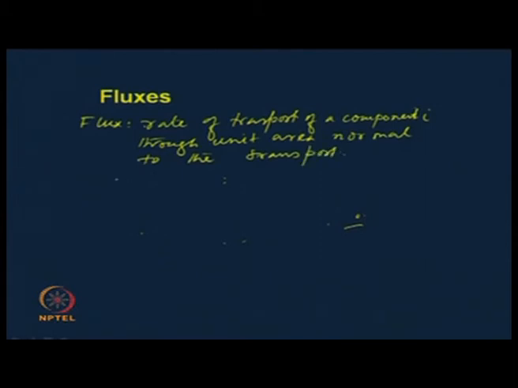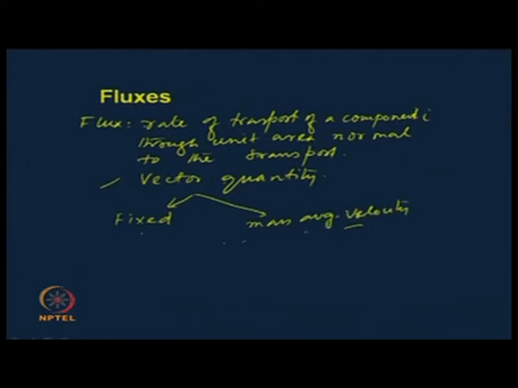And this flux is a vector quantity. This flux may be defined with respect to coordinates fixed in space, fixed coordinates, or it may be defined with respect to a moving plane moving with a mass average velocity or molar average velocity.